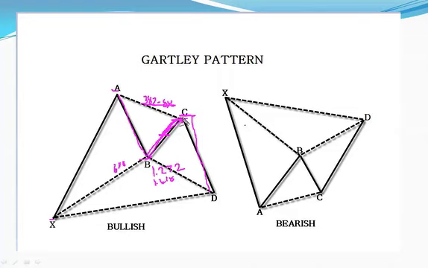So the market extension goes from B to C down to D, a 1272 to 1618 of that B to C. And then right here, 786. So the Gartley should not go more from X low to A high past 786 into the D pattern. And that creates a perfect Gartley. That would be a bullish Gartley pattern.